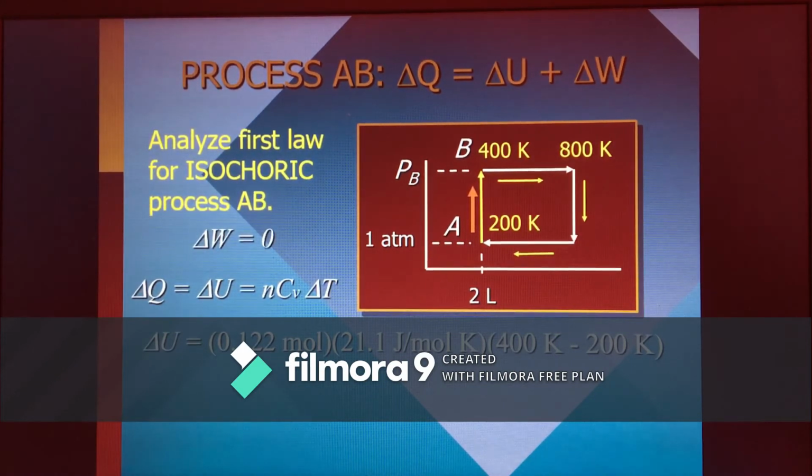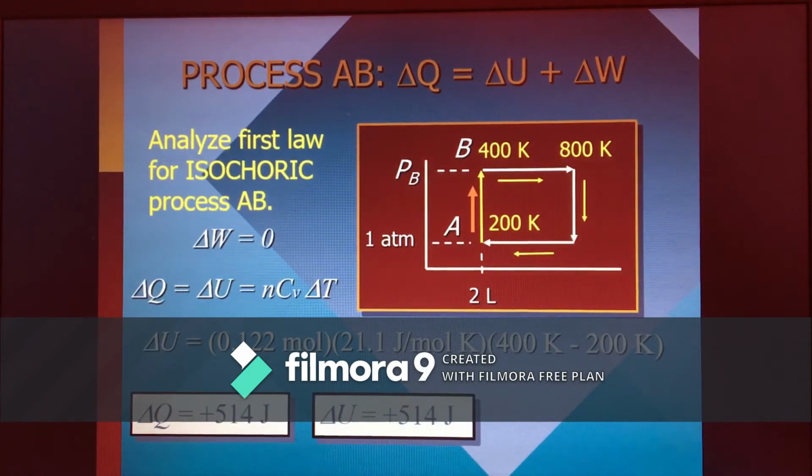Then the change of temperature is the difference between the temperature at point B, which is 400 Kelvin, and the temperature at point A, which is 200 Kelvin. We have delta U equal to 514 joules.